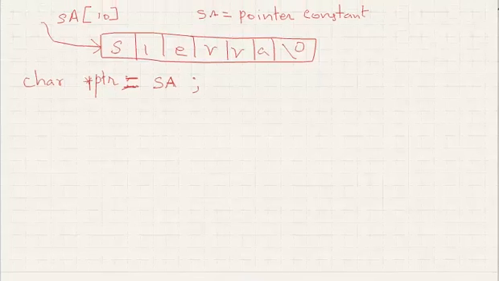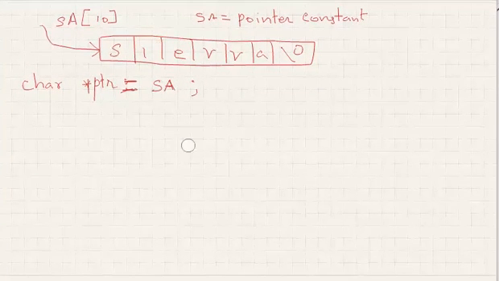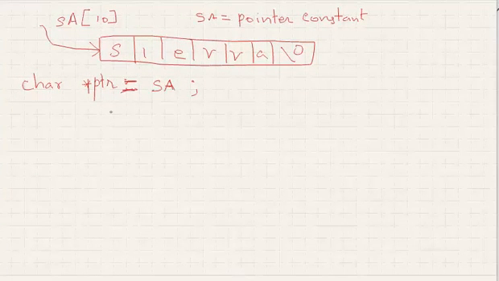Okay, let's go back to our routine. So we have this statement. That means pointer is pointing to SA. Very good, right? Now, what is this?